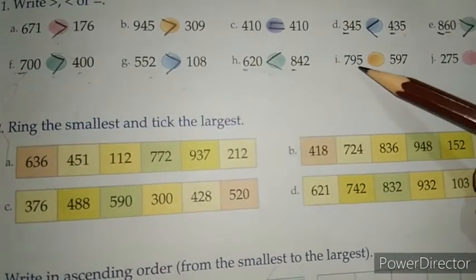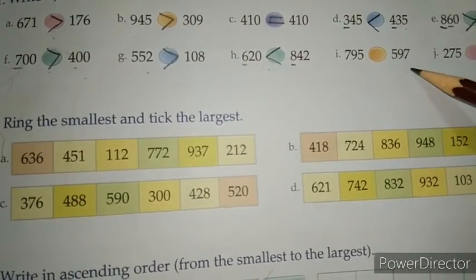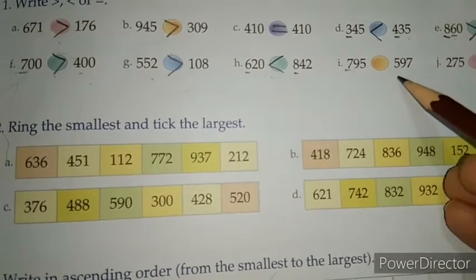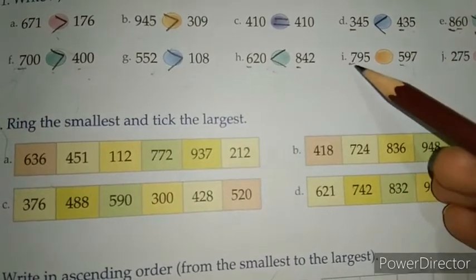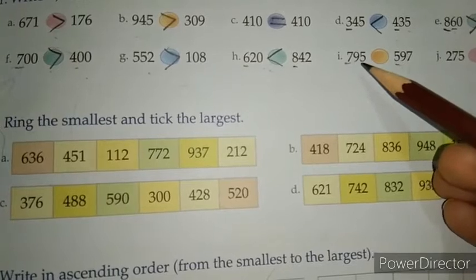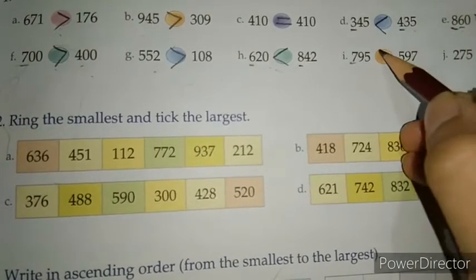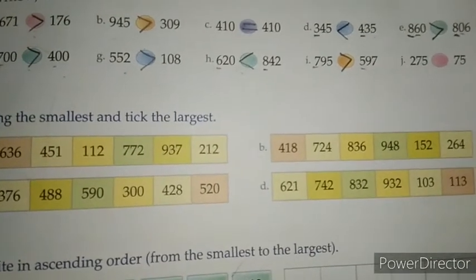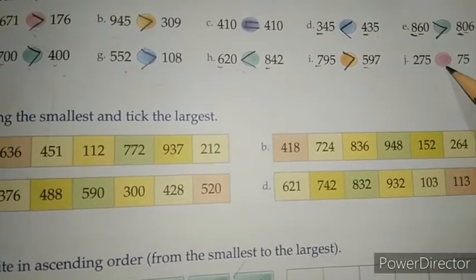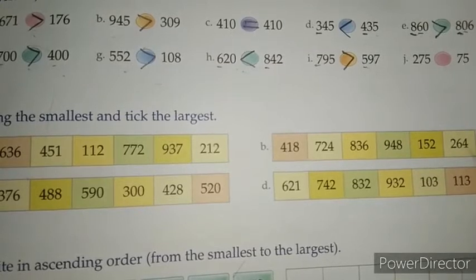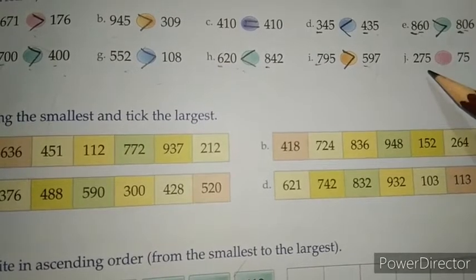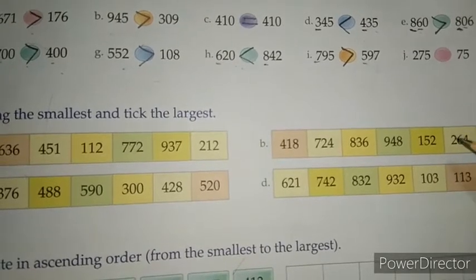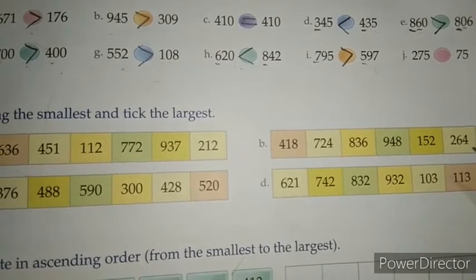Next one, 795 and 597. Then which number is greater? 7 and 5, 7 is greater. Then 795 is greater than 597. Then write this sign. Next one, 275 and 75.